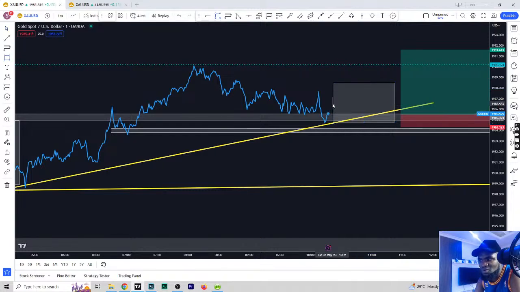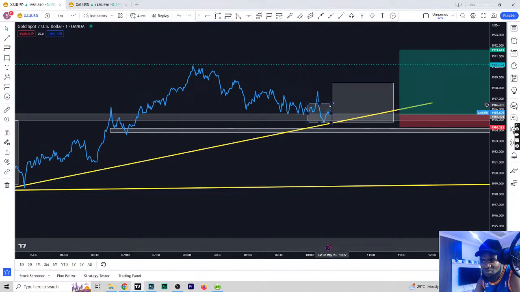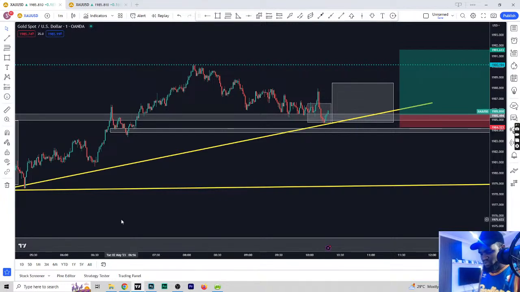Because this was the quarter of market manipulation, we're waiting for the quarter to hit. So it continues going up. You can see booking profit.